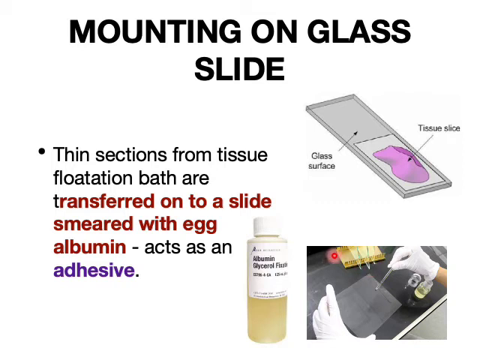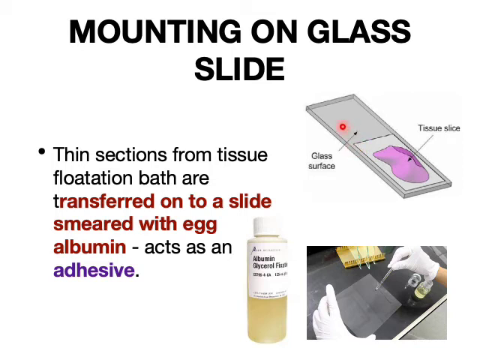Before mounting onto the slide, we have to smear the top of the slide with egg albumin. This one is the egg albumin. First we smear the top of the slide with the egg albumin so that it acts as an adhesive to attach the tissue properly to the slide.